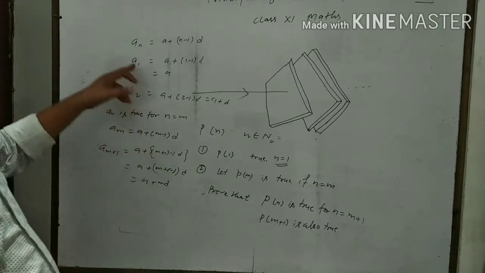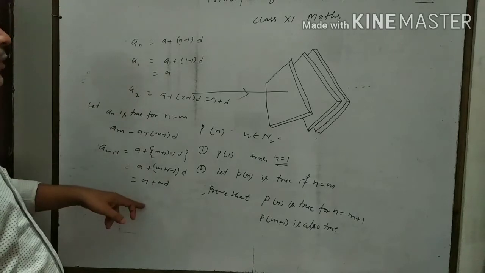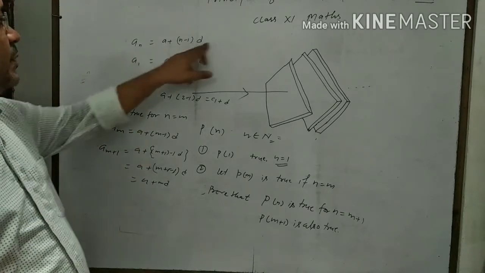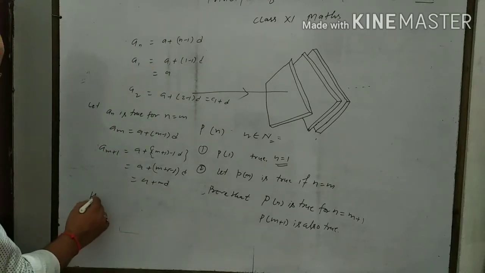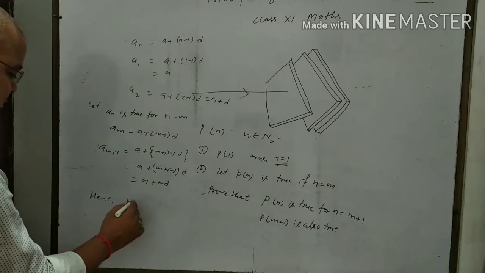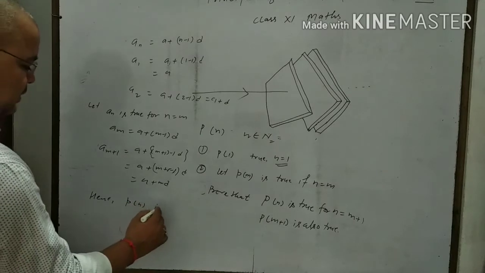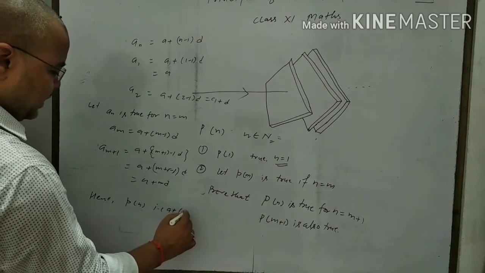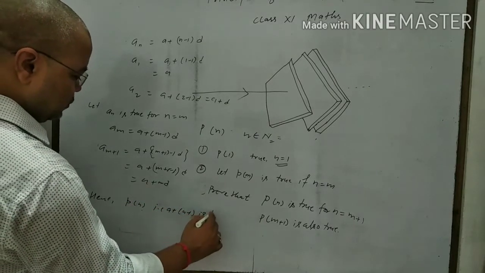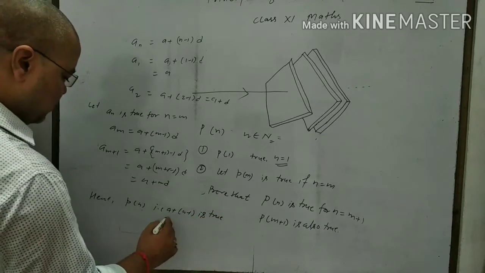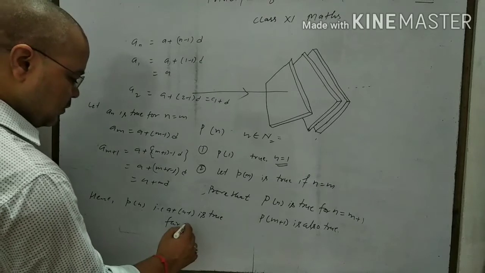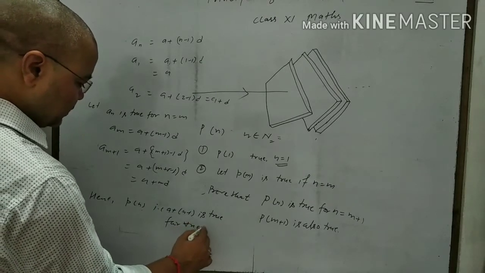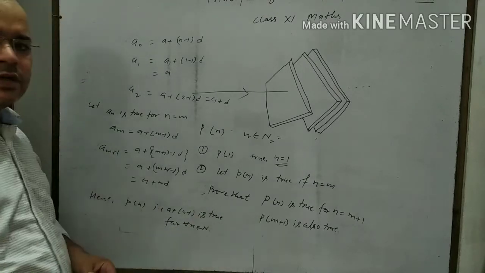It means in all cases the statement is true. So hence Pn, that is a plus n minus 1 into d, is true for every n belongs to natural numbers. We can prove like this.